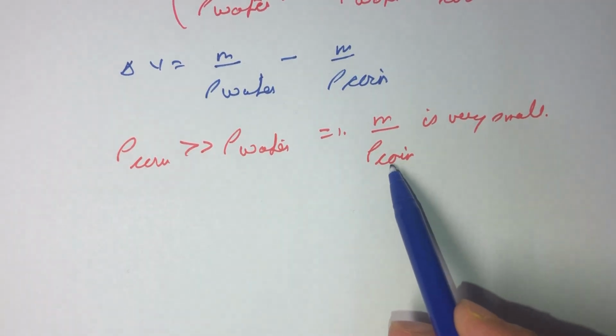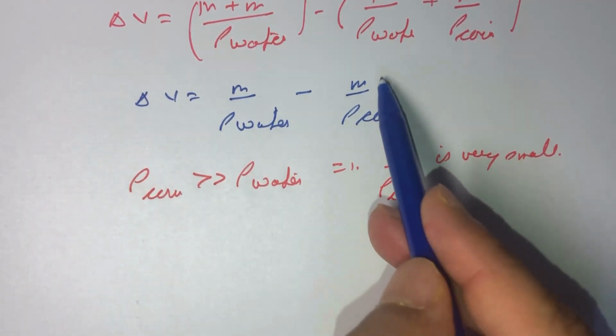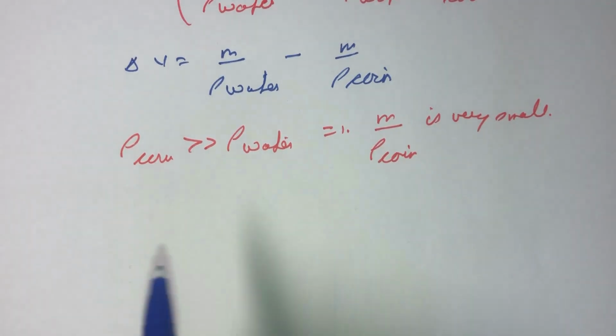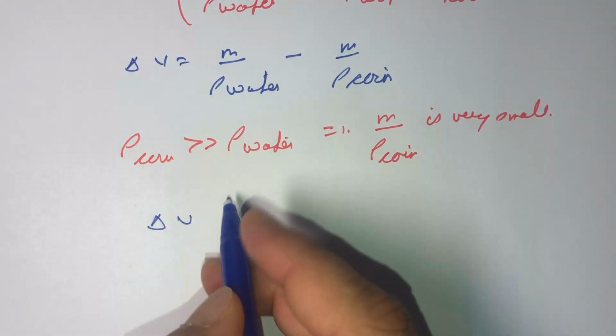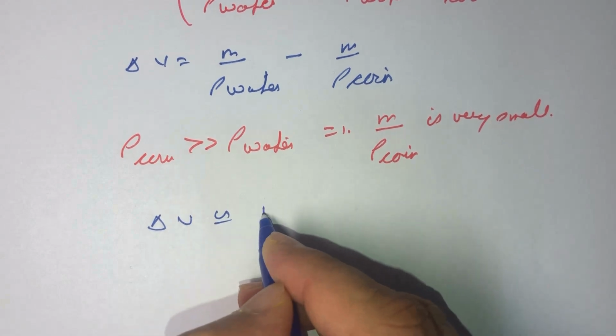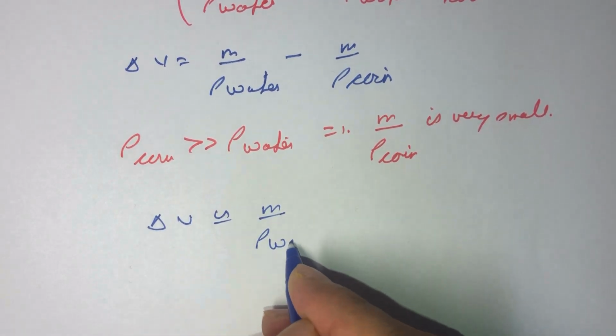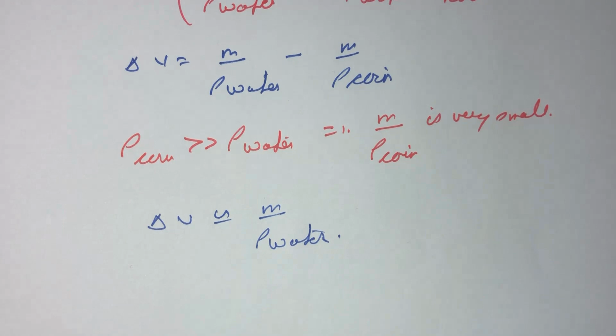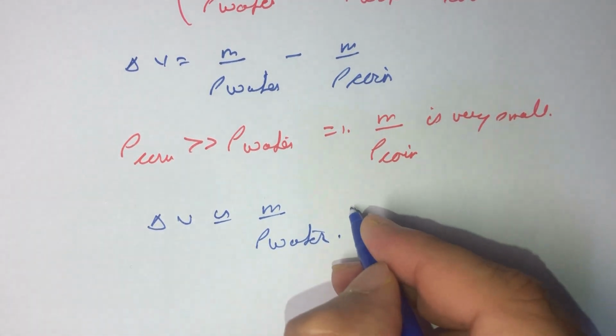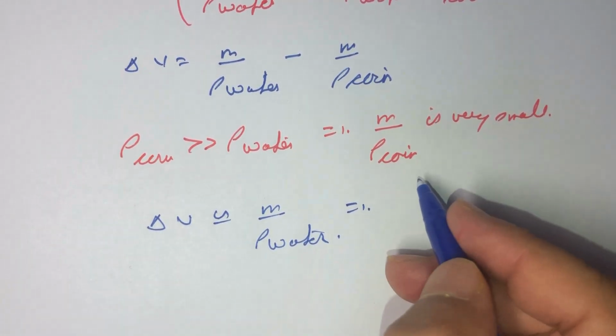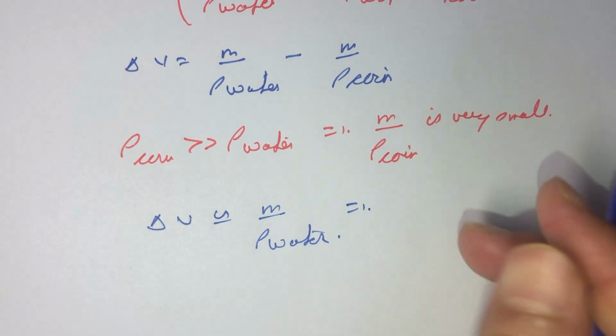If m over density of coin is very small, we can just ignore this part, or we can say that the change in volume will be approximately equal to m over density of water. Which basically means that the displaced volume decreases by a small amount.